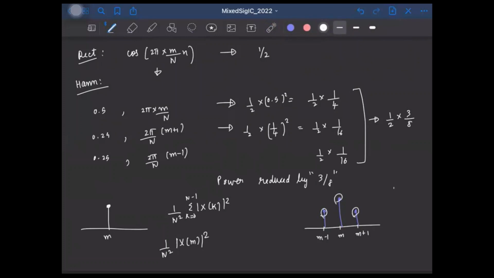I'll have mod x of k squared, and I have to vary k from m minus 1 to m plus 1, right? And I'll have to divide by n squared, and then I'll have to scale the total power by 8 by 3, right? This will give the true power of the signal.